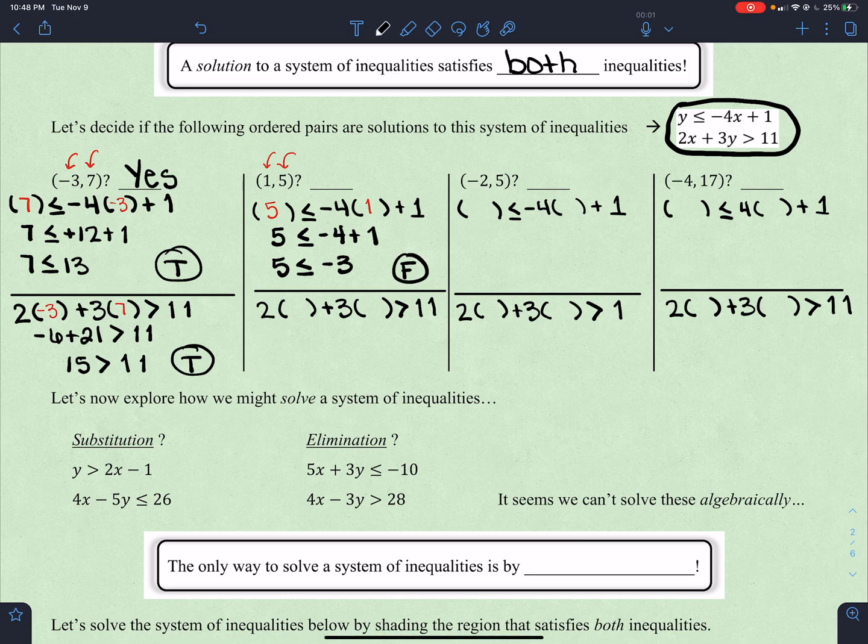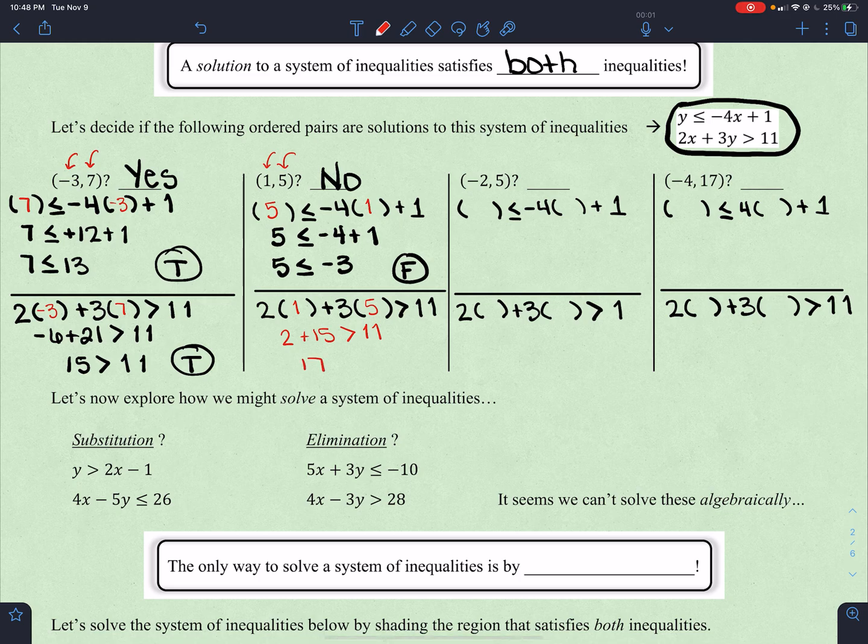Okay, so once I find that it is not a true solution for the first equation, as long as I feel comfortable with my math, which I do in this case, we're going to go ahead and say, no, that's not a solution. Could we go ahead and check this one as well? Well, of course we could. We could plug in 1 and plug in 5, and we would get 2 plus 15 is greater than 11.